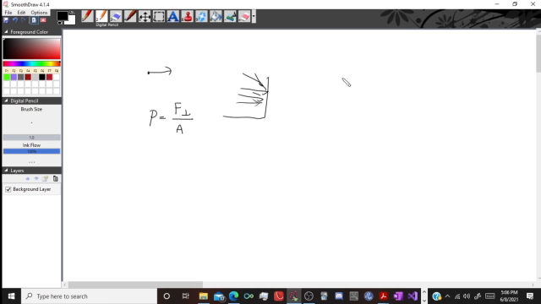And this force is simply equal to mass times acceleration, or in other words, mass times the change in velocity of the gas over the time it takes for the collision to occur. And yeah, so that's just the formula for pressure.